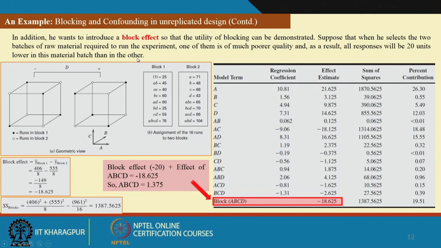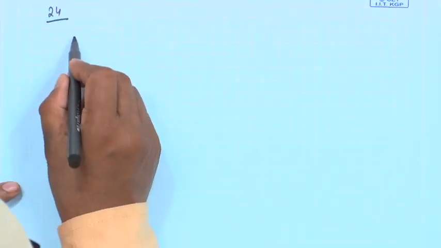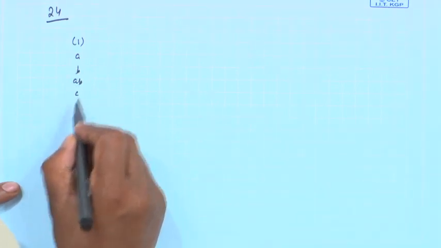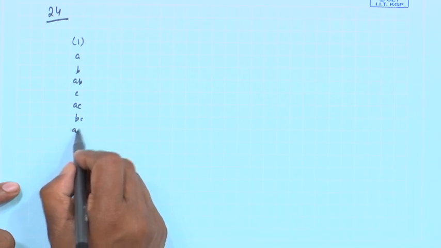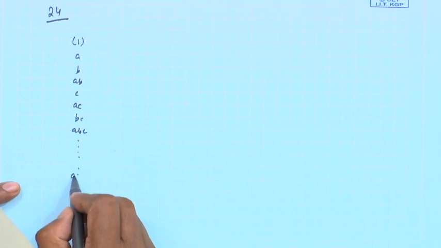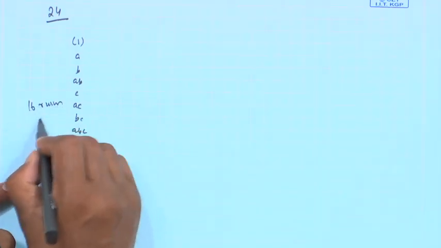So, I am repeating this case. First one, you see these data points. So, we have a 2 to the power 4 design. So, we have 1, A, B, AB, C, AC, BC, then ABC. Like this, ultimately you will go to ABCD. So, 16 runs.